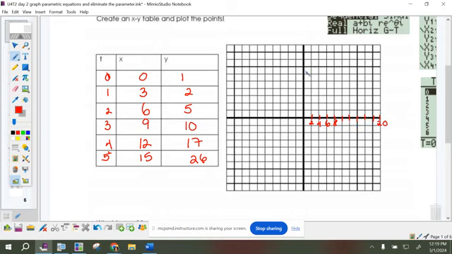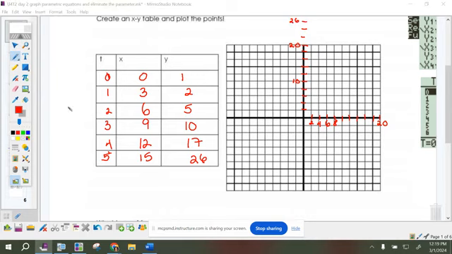So that's still not going to be on this grid, but that's okay. We'll estimate. 22, 24, 26. So when I put my points, the t is not going to show on an xy coordinate grid. So I have to somehow explain how that's going to play to make our graph.